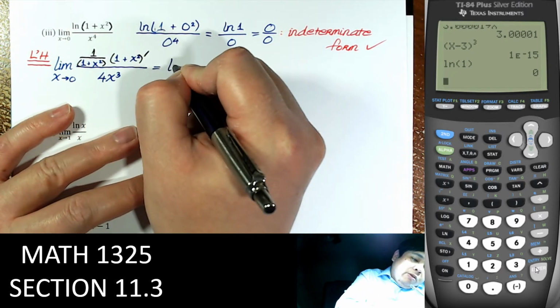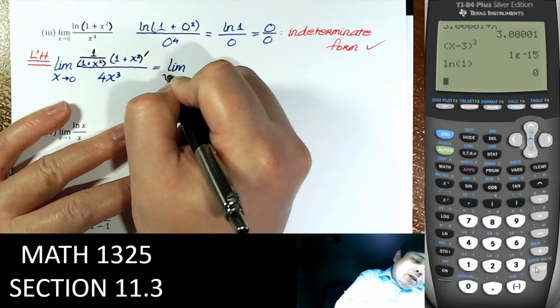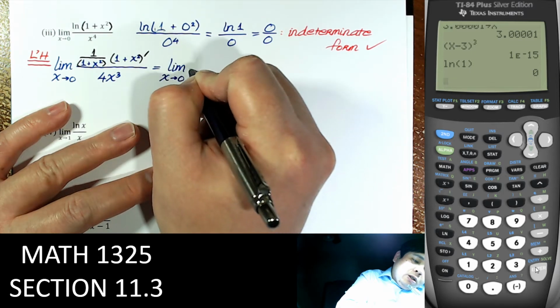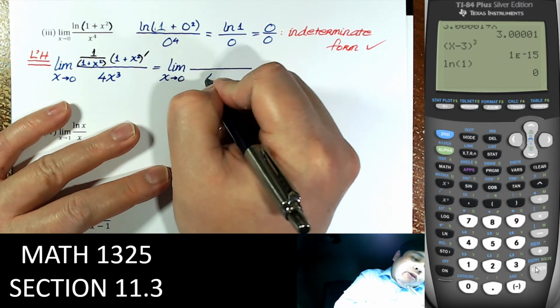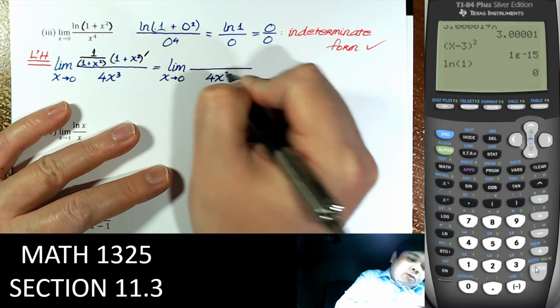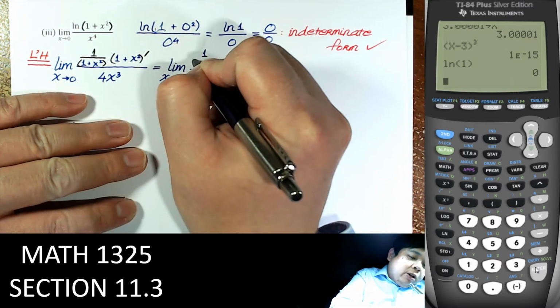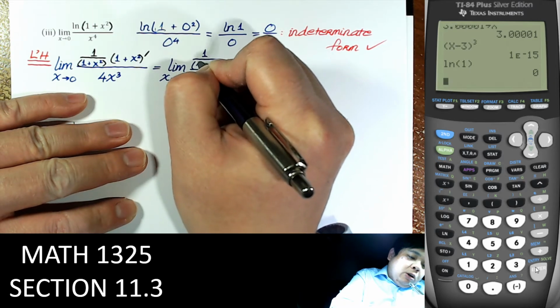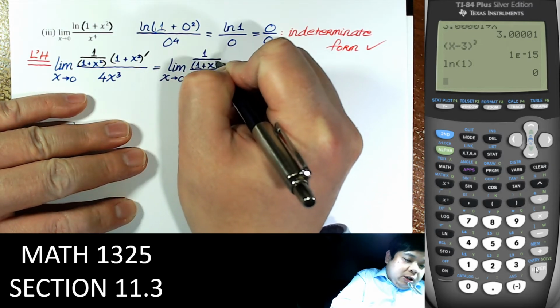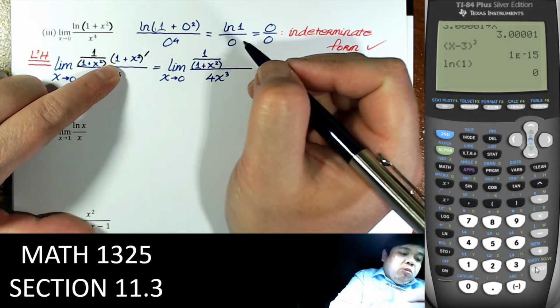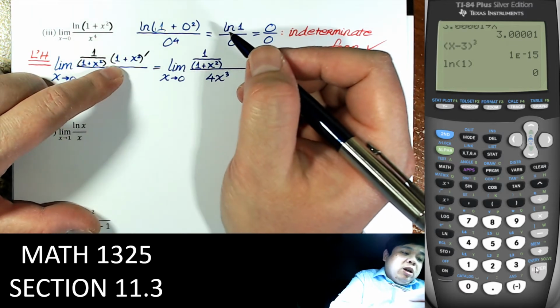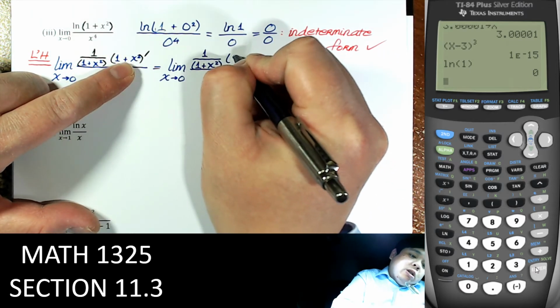Let's simplify this a little bit. We have 1 over 1 plus x squared. For 1 plus x squared, the derivative of 1 is 0 and the derivative of x squared is 2x.